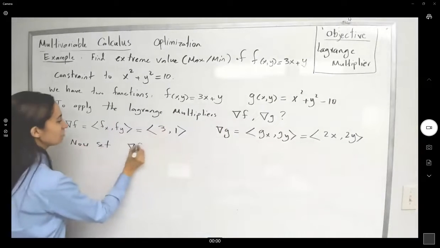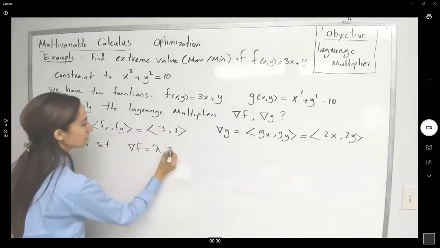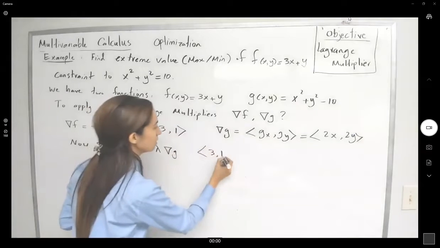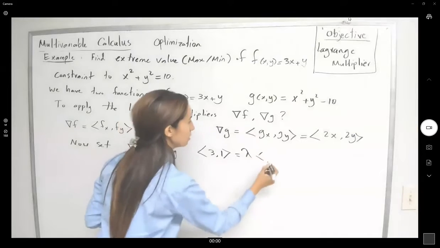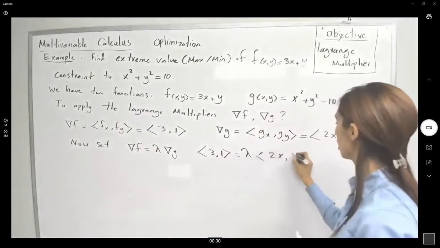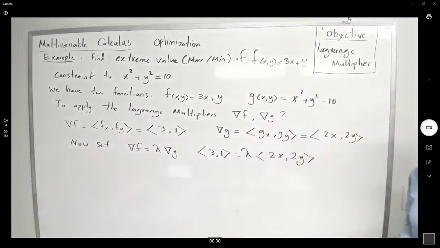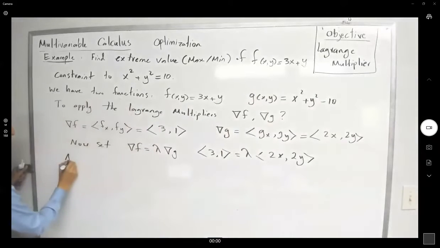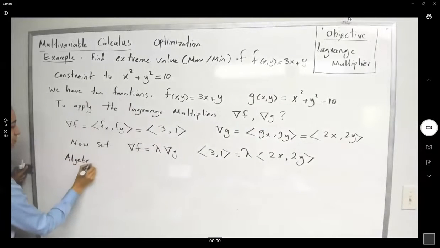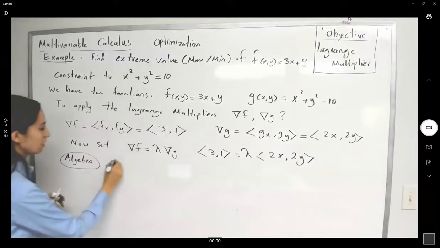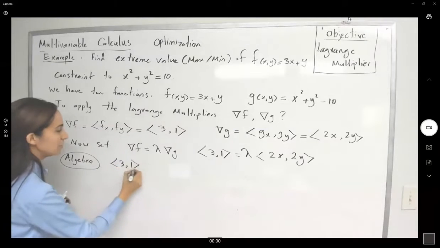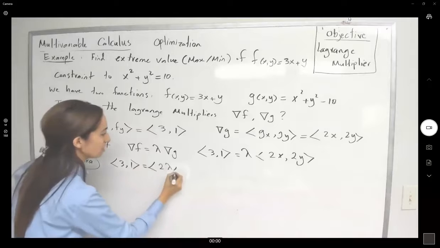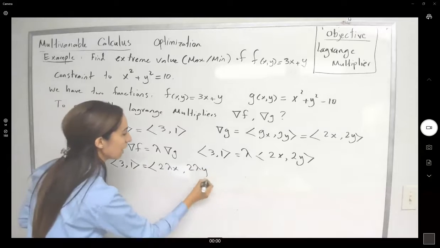Now set the gradient of f equal to lambda gradient of g. 3 and 1 is equal to lambda times 2x, 2y. The rest is algebra. Algebra says 3 and 1 is equal to 2 lambda x, 2 lambda y.